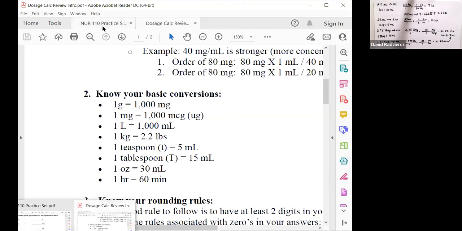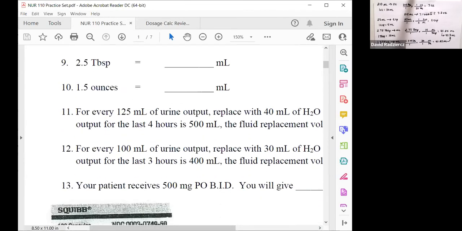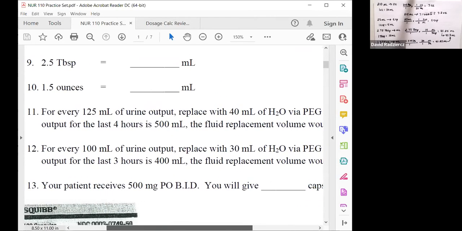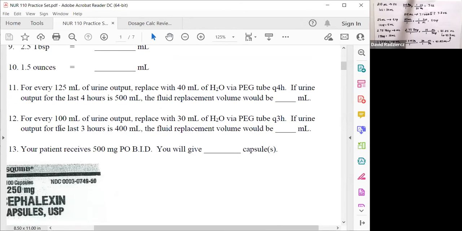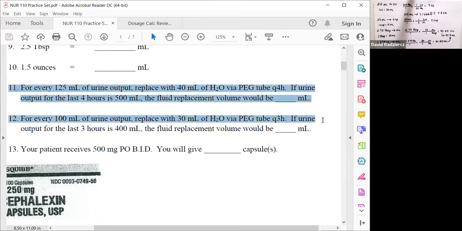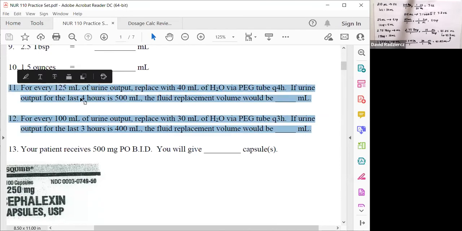All right. So the last thing I wanted to cover today is just how to do these fluid intake questions. Let me just expand my thing here. There are 2 questions on fluid replacement, and you can see they're both worded exactly the same.